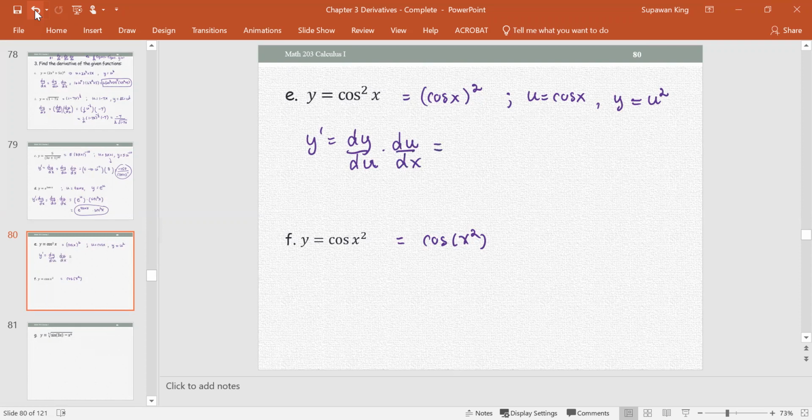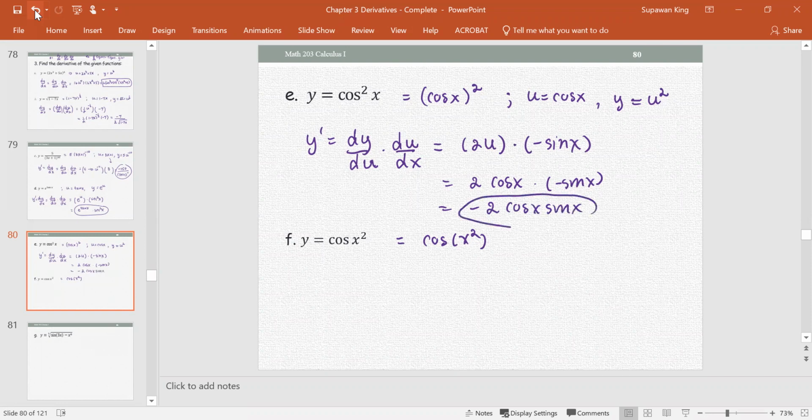That equals 2u for the derivative of y with respect to u, multiplied by the derivative of u with respect to x, which is negative sine x. Replace u with cosine x to get 2 times cosine x times negative sine x. And then we write it as negative 2 times cosine x times sine x as the derivative for part E.